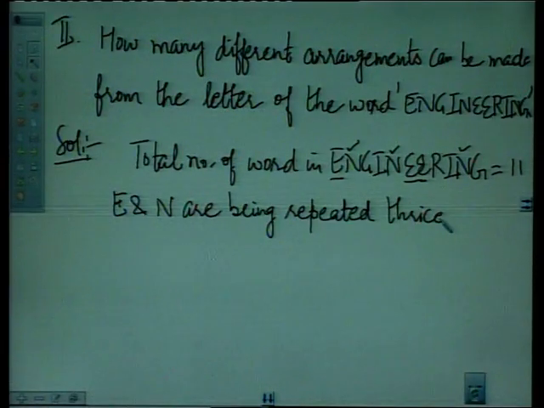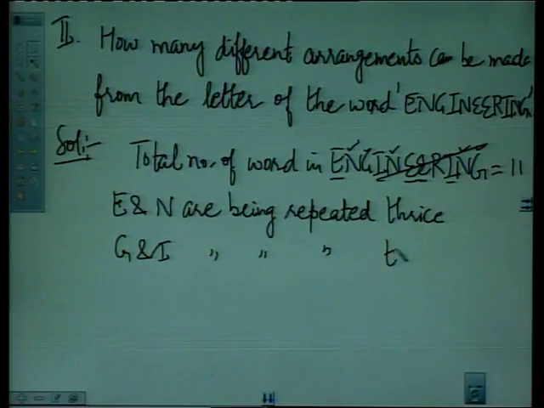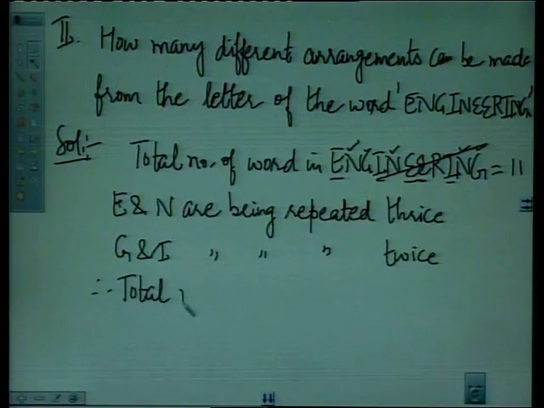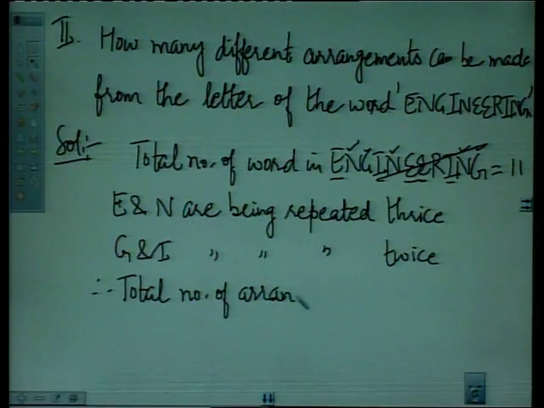Then come to G, here is G and one here. G is repeated 2 times. Similarly, I is repeated twice. G and I, they are repeated twice. Therefore, total number of arrangements, here we are going to apply the last result we have written, the fourth one.